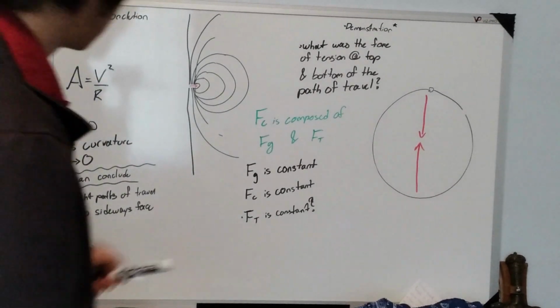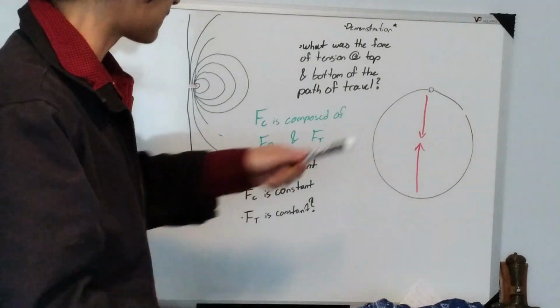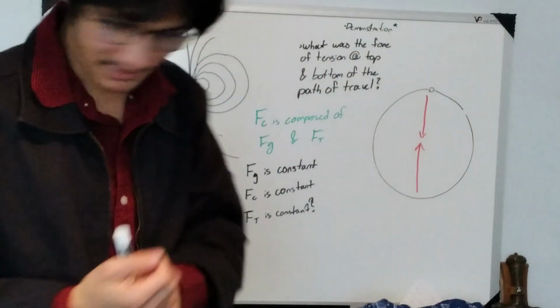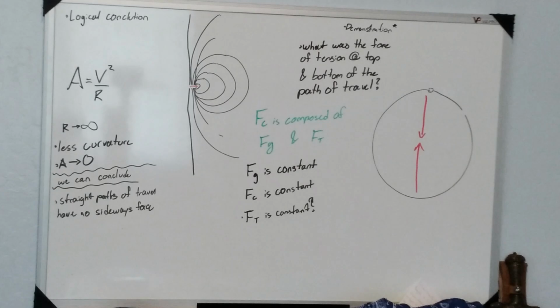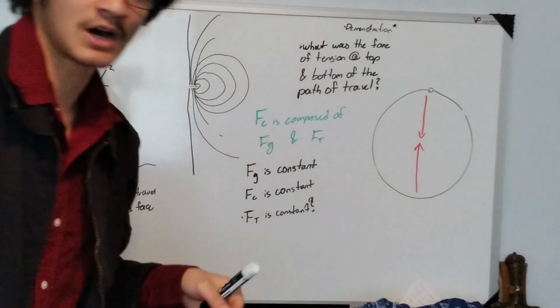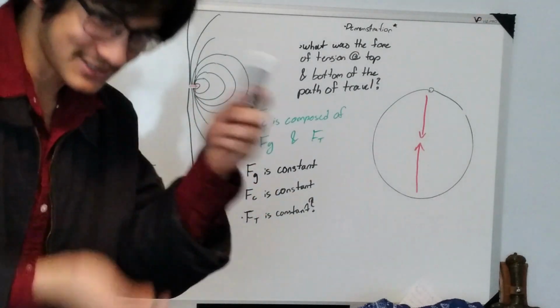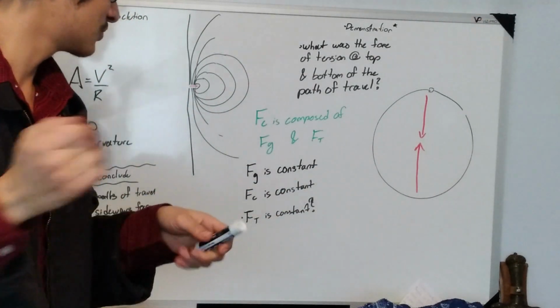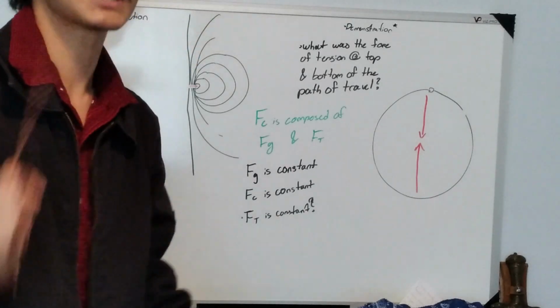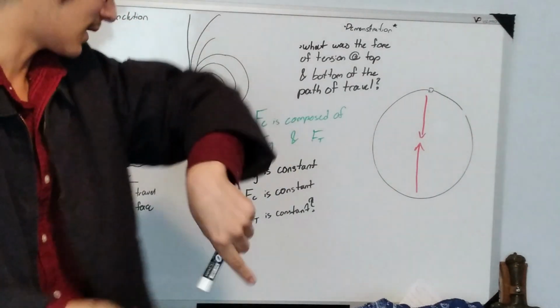Another cool logical conclusion is this thing here. What is the force of tension? Remember from the Dr. Pepper thing, what's the force of tension when it's at the top of its travel and at the bottom of the travel? We know that the circular force is equal to the force of gravity plus the force of tension, right? At the top and the bottom.